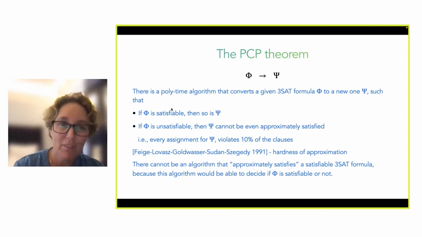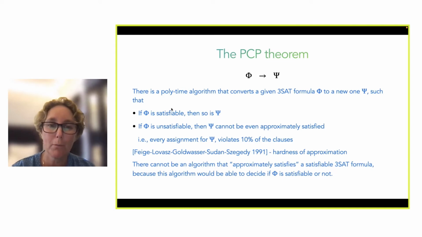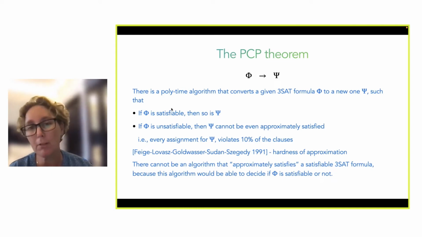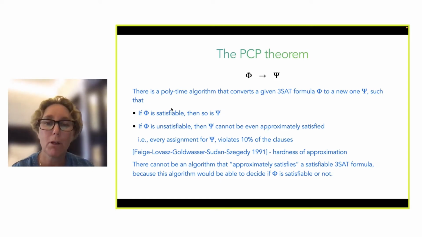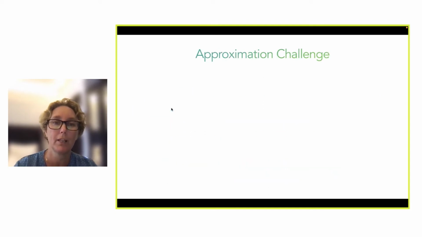Maybe I didn't explain it as eloquently as I could have, but the upshot is that the PCP theorem is not only a theorem about ultra-fast checking of proofs, it's also a theorem about hardness of approximation of 3-SAT. And just like 3-SAT, many different problems, vertex cover, maximum clique, linear equations, and a lot of other problems are proven hard to approximate through this connection.